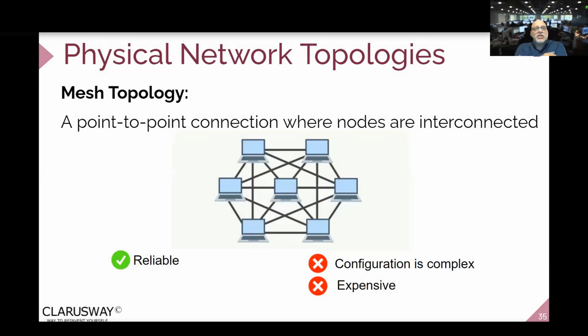Okay, then the mesh topology. So mesh topology is based on point-to-point connectivity where each of the nodes are interconnected. All right. In this topology, data is transmitted using two methods, either routing or flooding. Routing or flooding, and maybe you can imagine what that might mean.